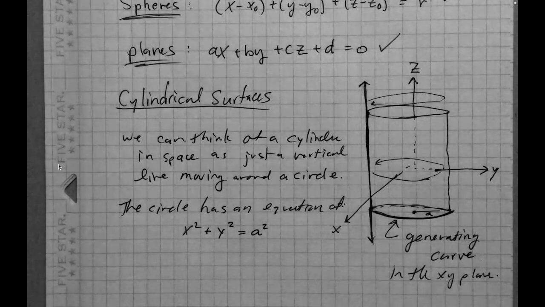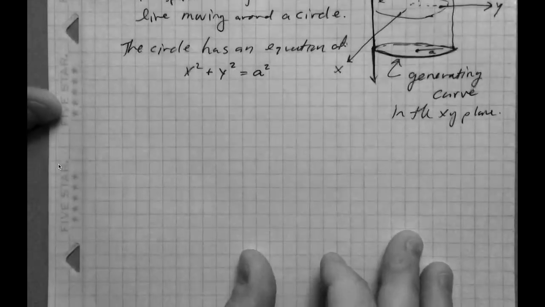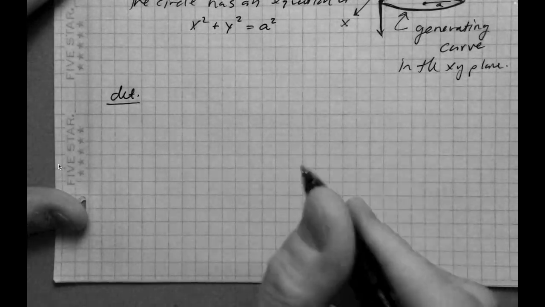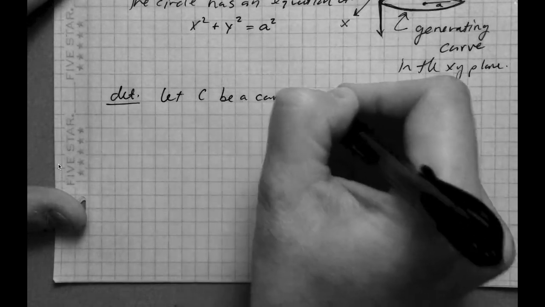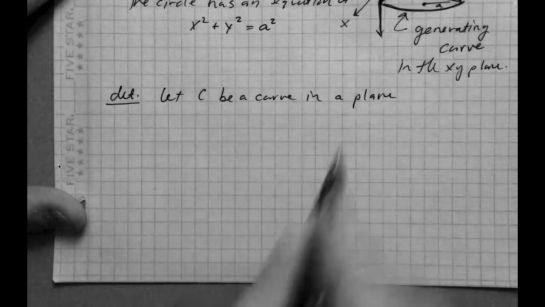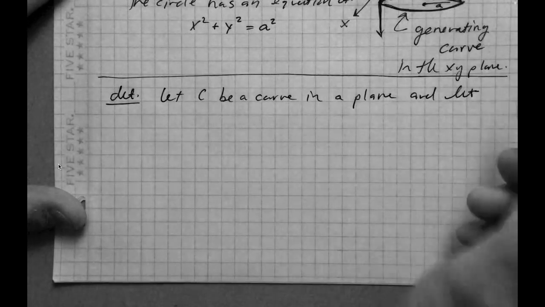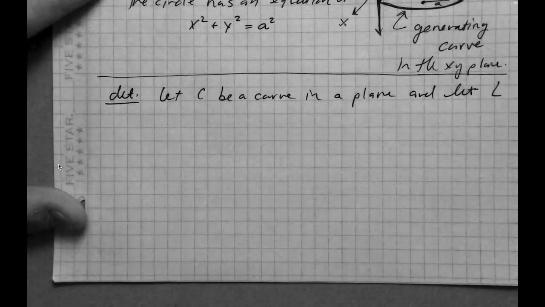All right, so let's define this. Let's sum this up a little bit nicer. There's a lot of concepts here. Let's summarize this a little bit more in a nice definition. So we'll let C be a curve in a plane, and let L be a line not in a parallel plane.